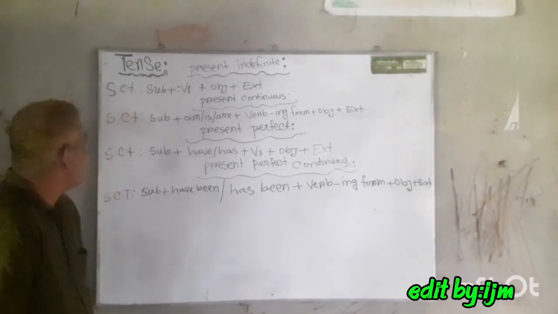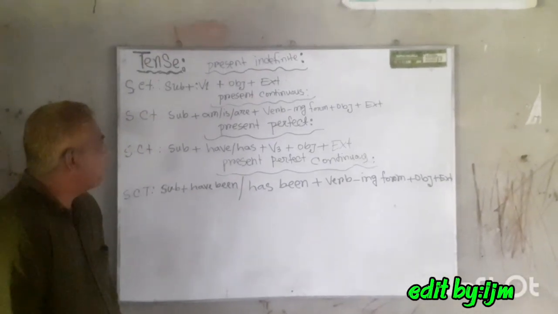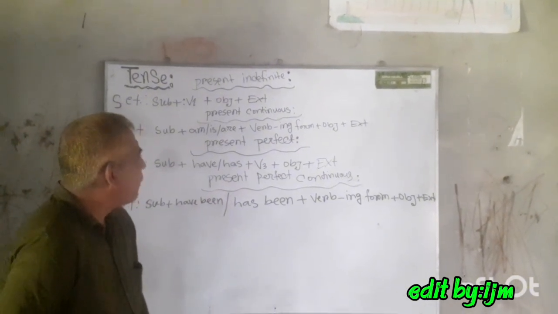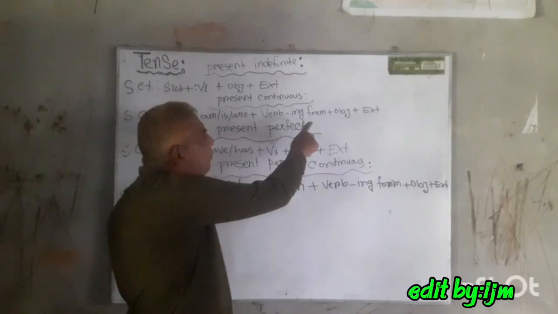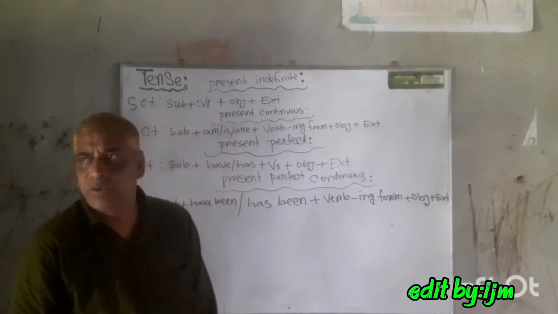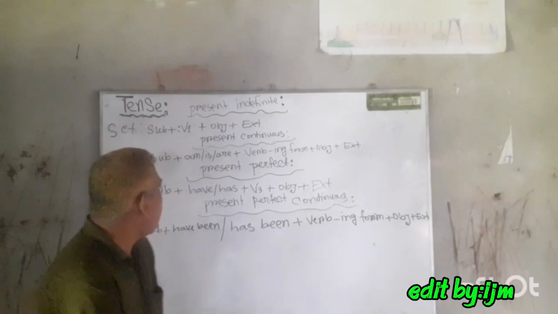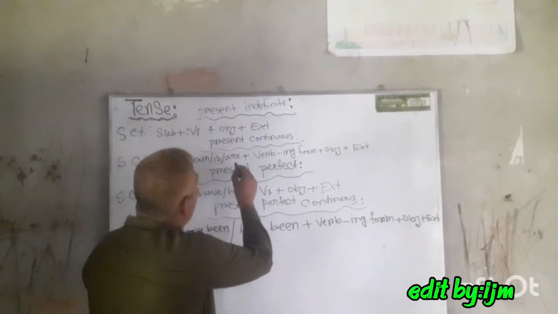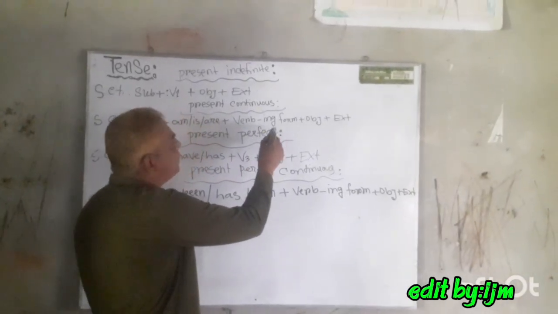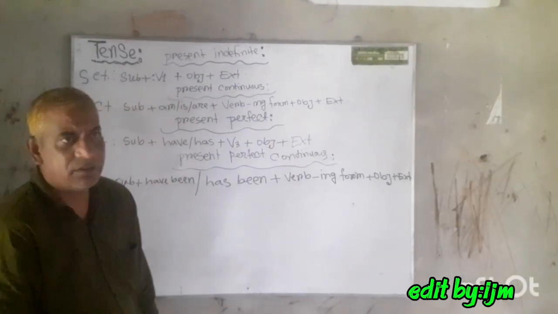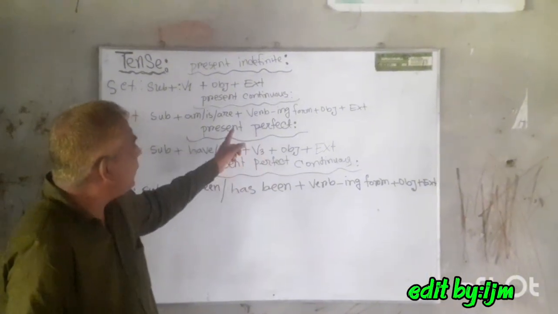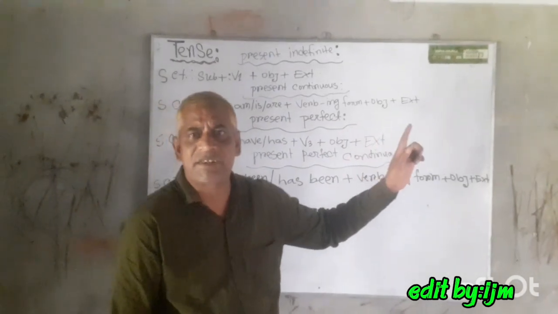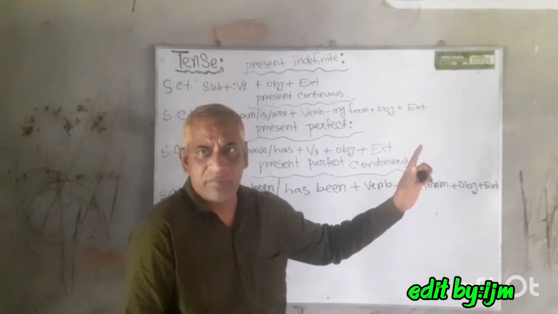So we know the structure: subject plus helping verb or auxiliary verb am, is, are, plus verb ing form, plus object plus extension. But we know that some verbs are not used in present continuous tense. Sometimes some verbs.